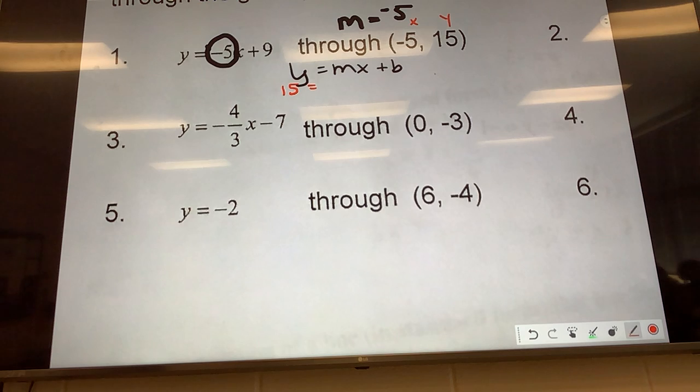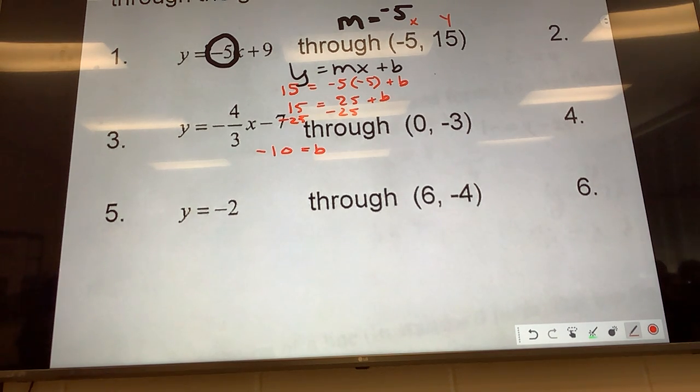Instead of m, I have -5. Instead of x, I have -5, plus b. So that means I have 15 equals 25 plus b. So I'm solving for b. Take away 25, take away 25, and I get -10 equals b.